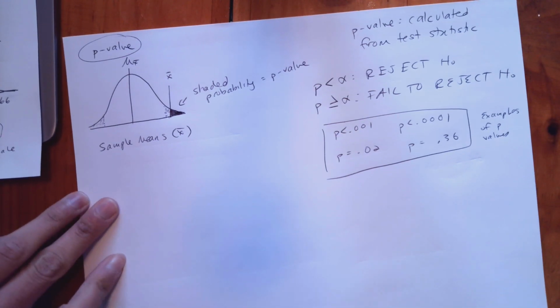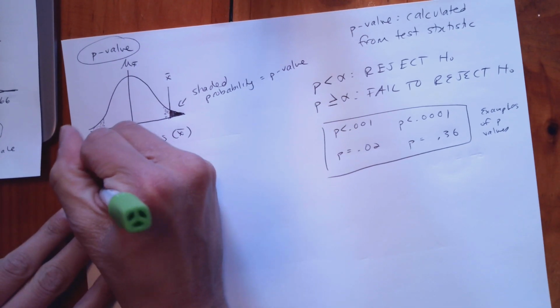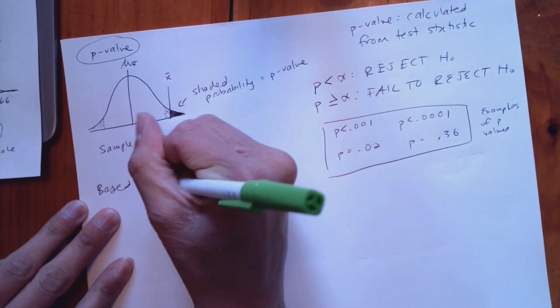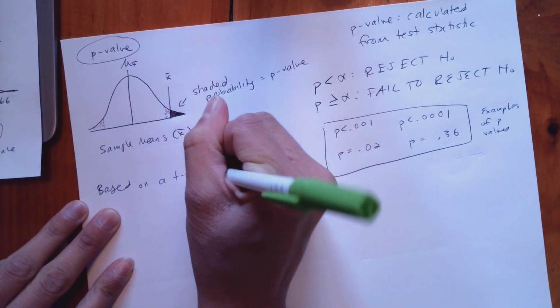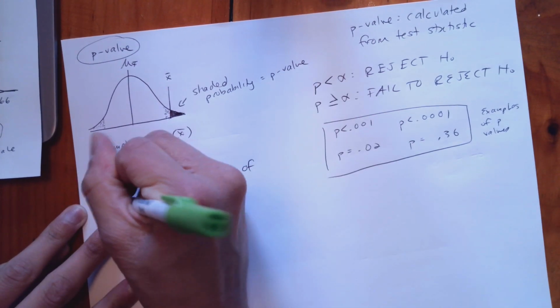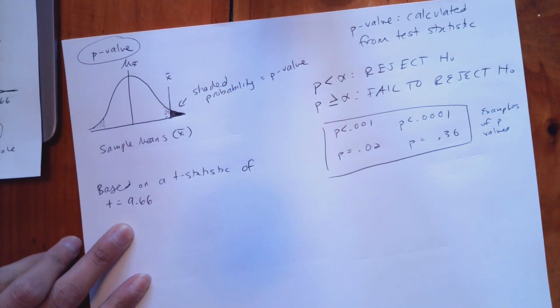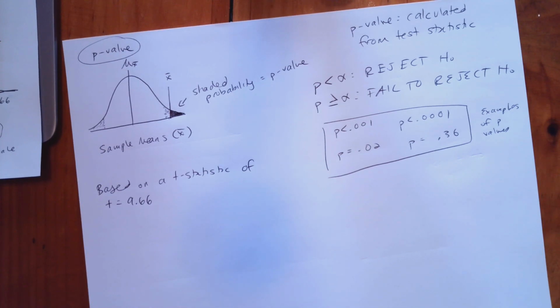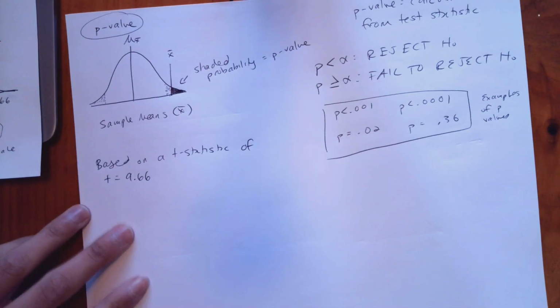All right, so coming back to our example here. Based on a t-statistic of 9.66, which is what we calculated our t-statistic to be.